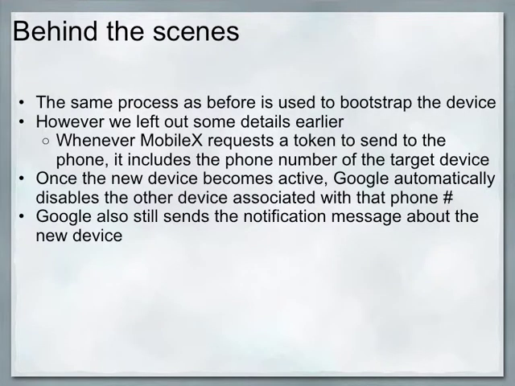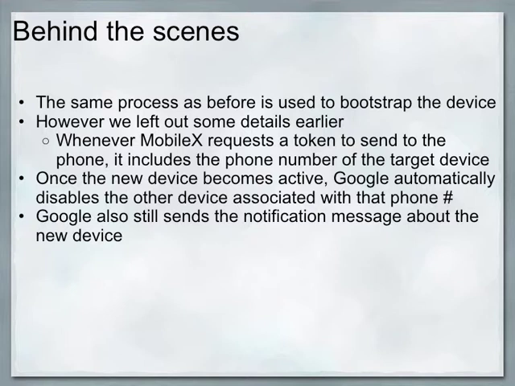Well, behind the scenes, that same token bootstrapping process happens, but there's one step we left out. When MobileX took its long-lived OAuth token, stored in the customer account database, and made an API call to Google's Login Help API and asked for a token to bootstrap the phone, another thing it did was it passed over the phone number of the target device.